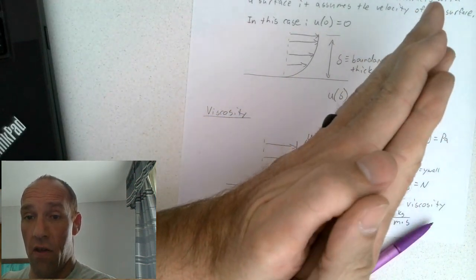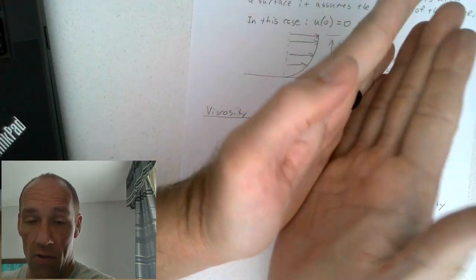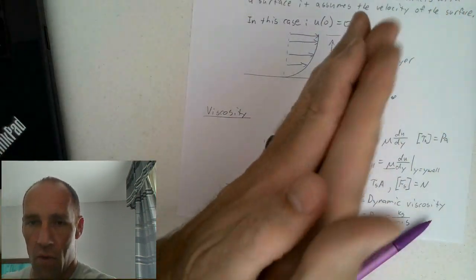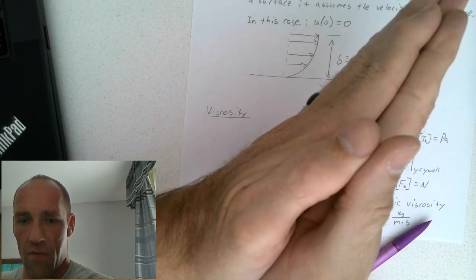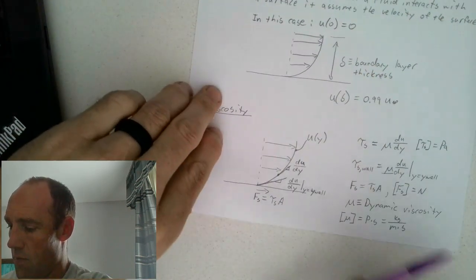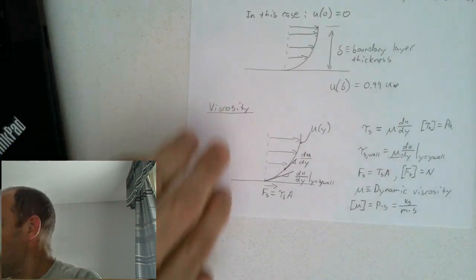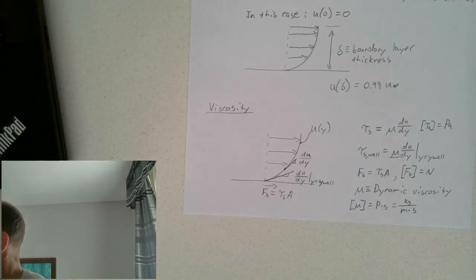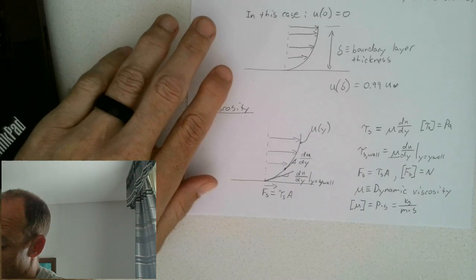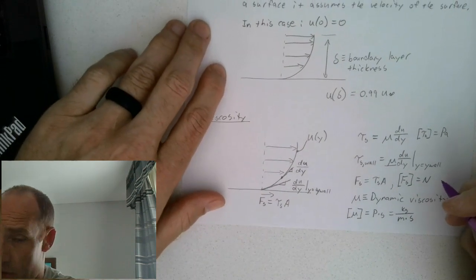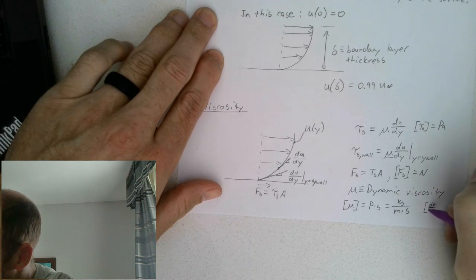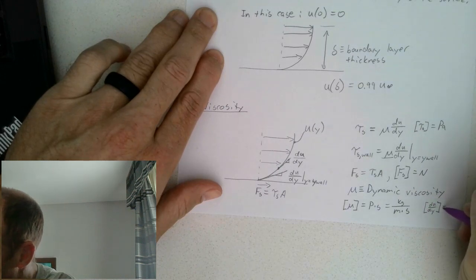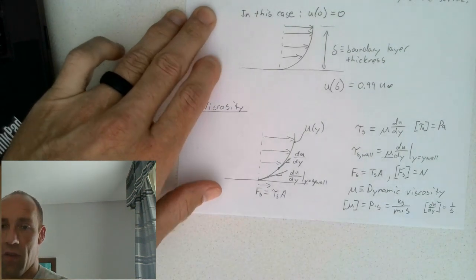Shear stress applies force in a shearing direction. So the friction between your two hands in this particular case is an instance of shear. For completeness' sake, the units of du dy work out to be 1/seconds.